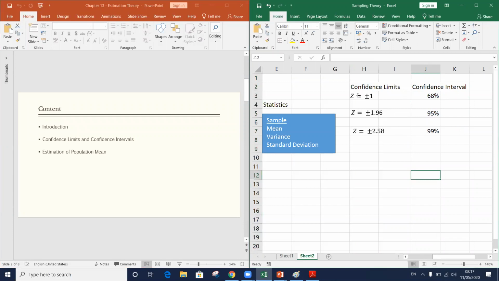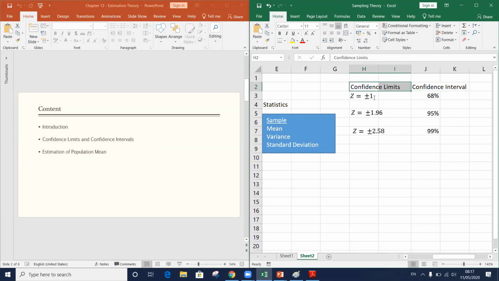When the confidence limit is this, the corresponding confidence interval is 68%. When the confidence limit is between plus or minus 1.96, the corresponding confidence interval is 95%. And in this range, 99%. So that is the idea of these two terms.